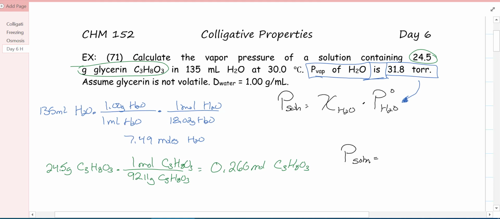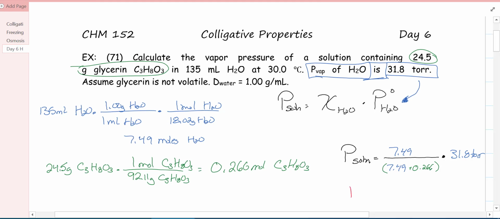All right, so my pressure of my solution will be equal to the mole fraction times 31.8. Right? Because, again, if the mole fraction is 1, the vapor pressure is 31.8. If the mole fraction is less, which it is, it's going to be less than 31.8. So my mole fraction would be 7.49 over 7.49 plus 0.266.